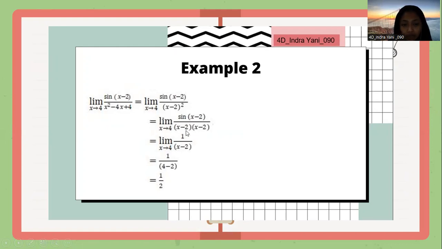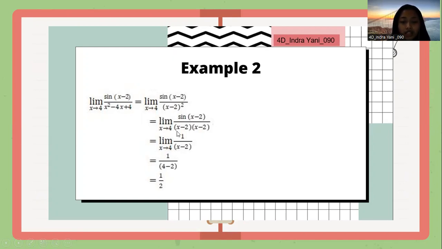Then we have the new function: the limit as x approaches 4 of sine(x minus 2) divided by (x minus 2) multiplied by (x minus 2).